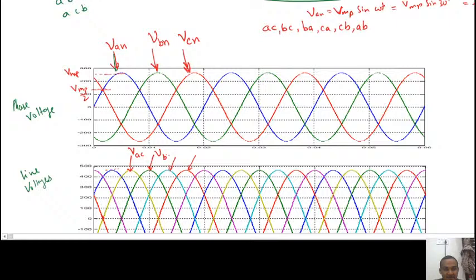Yes, AC, this is BC, then this is BA, then this is CA, and after that it is CB, and after that it is AB. So you can conclude that this dark blue one is AB. So here also we can mark it, this is VAB.